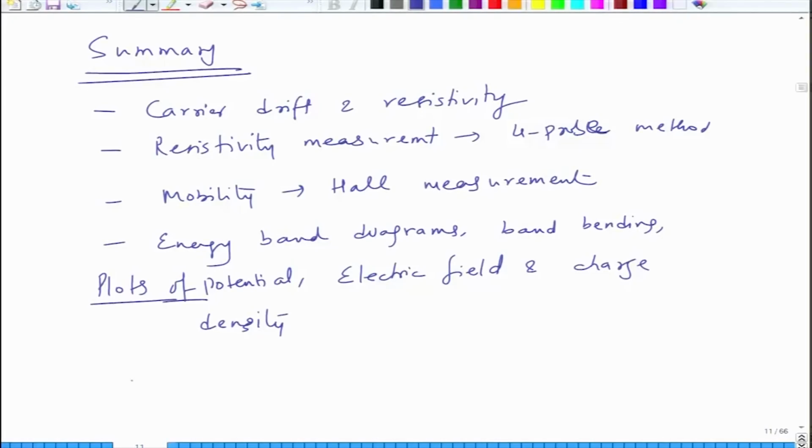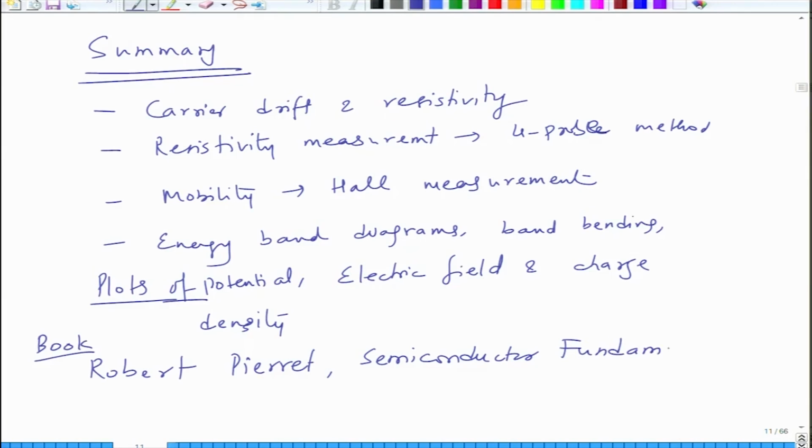I would recommend you go through this book by Robert Pierret, Semiconductor Fundamentals, Volume 1, and Advanced Semiconductor Fundamentals, Volume 6.